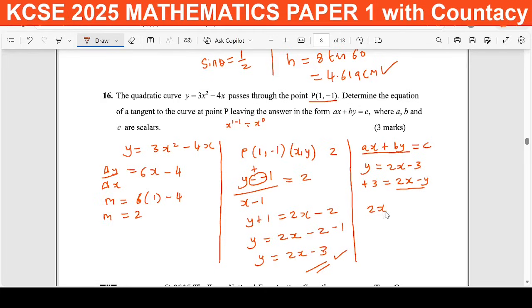Therefore, we start with 2x minus y is equal to 3, and this is now the right format which matches the format required right here, and that is now the required solution for question 16 of section A for KCSE 2025 paper 1.